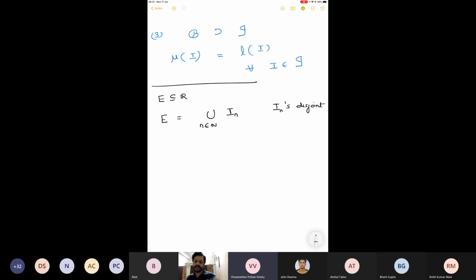You are looking for a measure consistent with the length. Take these two conditions together. So I don't have much freedom to define mu of E. Since E is union of In, mu of E I should define as summation over n in N of mu of In. And since the Ins are intervals and I am looking for a measure consistent with the length, mu of In I should define as length of In.